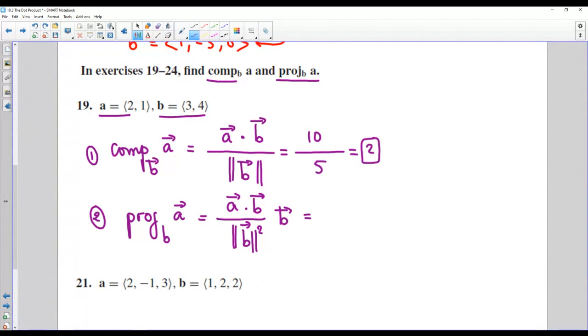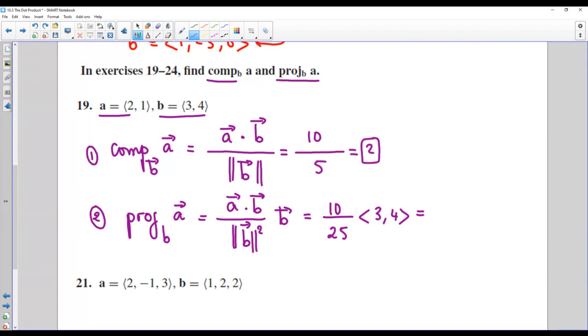So if AB is 10, over the magnitude squared, that's 25, so 10 over 25 multiplied by the vector B, which is 3, 4, like this.